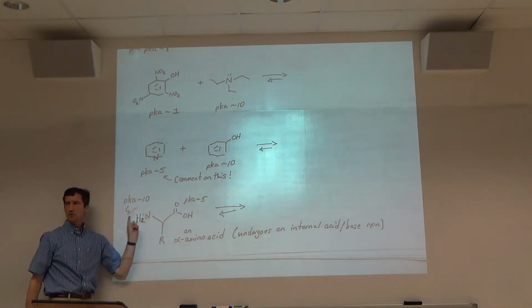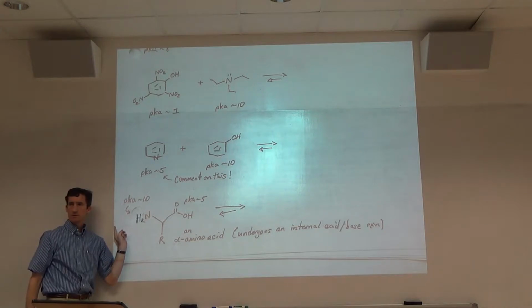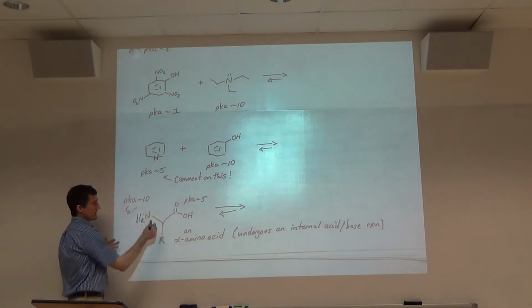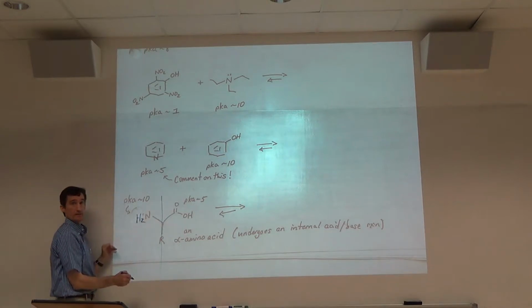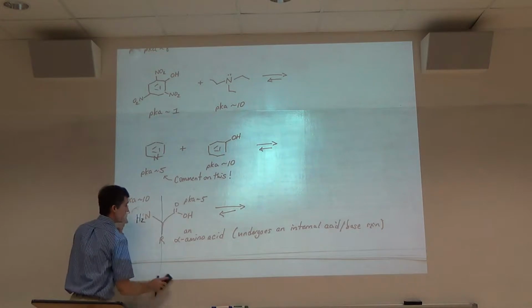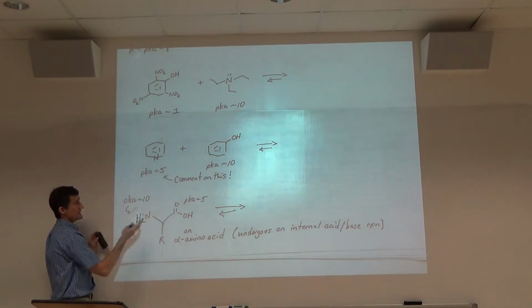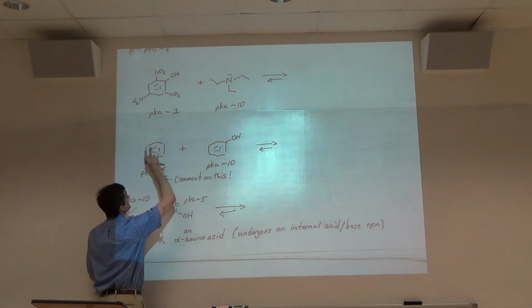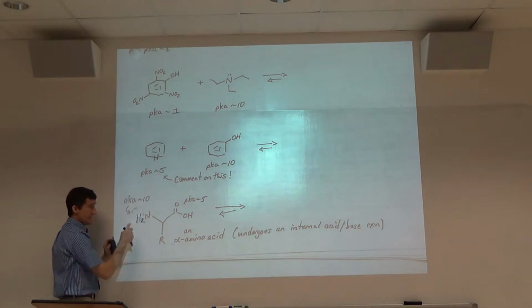These undergo an internal acid-base reaction. Basically, at this point, you can just pretend that these are not connected. Maybe we can separate it into two different molecules, but it's R. In the end, every one of these has an acid and a base. Here we have an acid and a base.